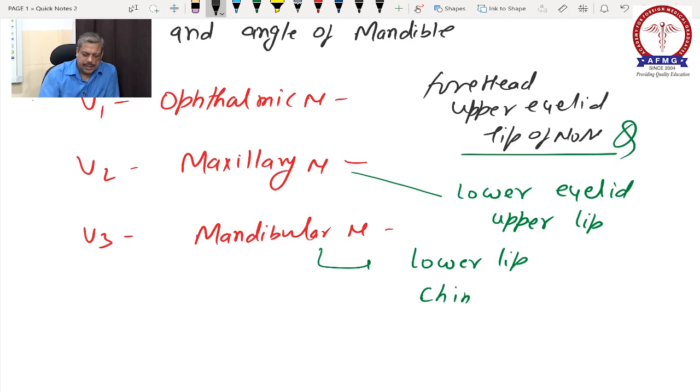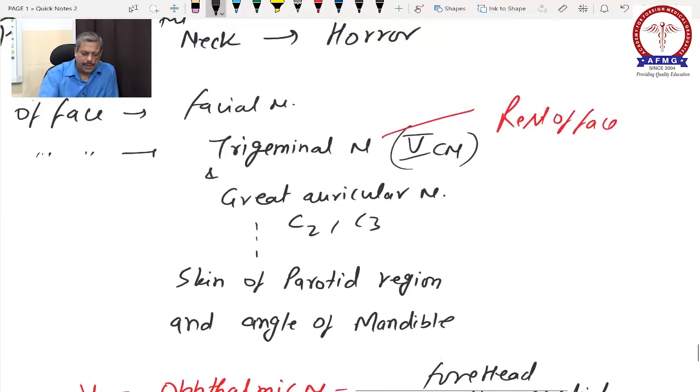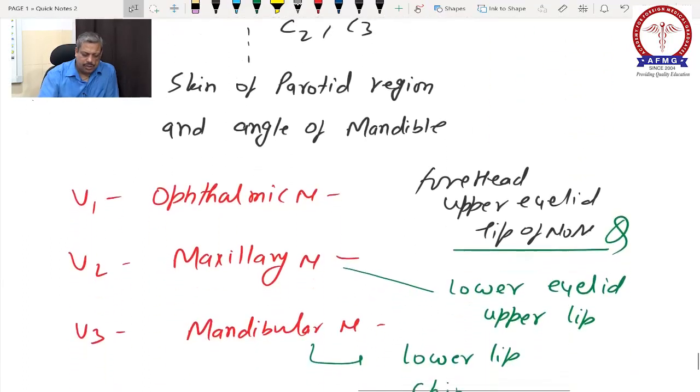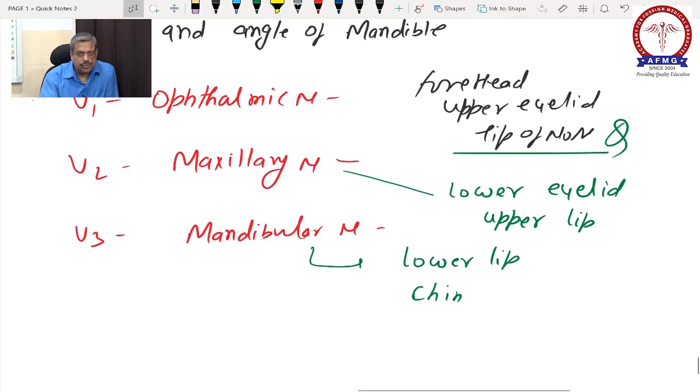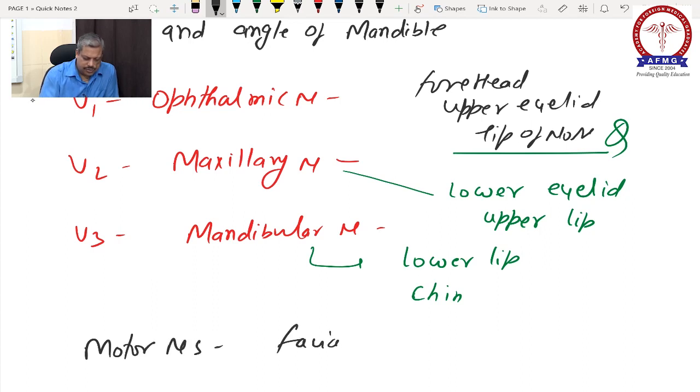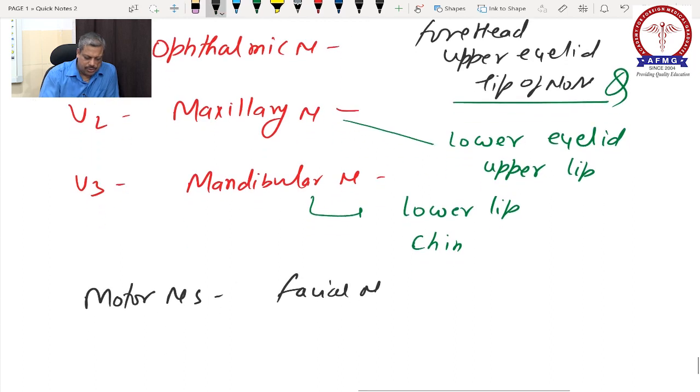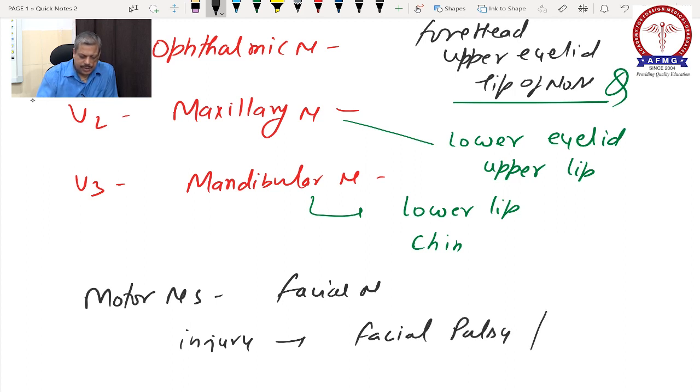Now see the next question here. The motor nerve supply of the face is the facial nerve. So injury to the facial nerve causes Bell's palsy. Again I am writing, motor nerve supply is the facial nerve, and injury to the facial nerve causes facial palsy, that is Bell's palsy.